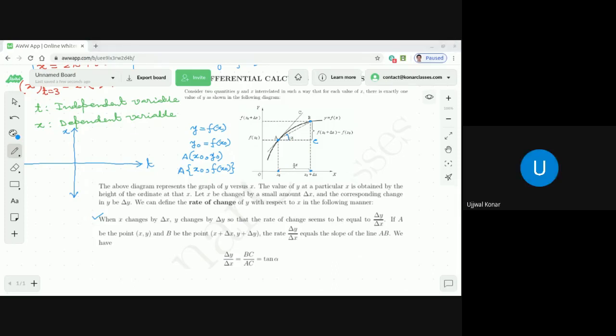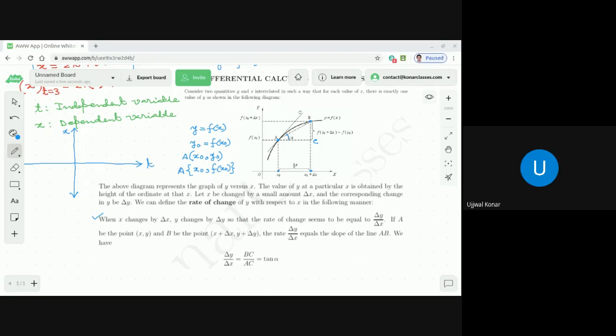Got it, dear students? So, to know the rate of change of y at a particular value of x, say at a, we have to take delta x very, very small. I'm just giving the justification of why it has to be small, because if it is not small, your rate measurement cannot be very precise.